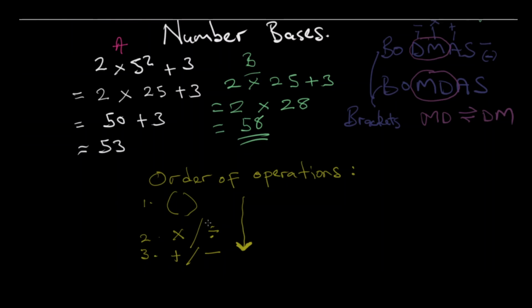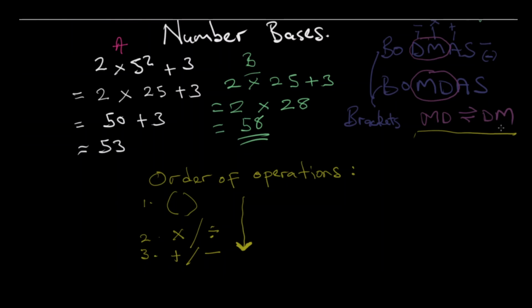Always solve what is in the brackets first. Then you can multiply or divide, you can do either, the interchangeability which is indicated here. Then when it comes to addition or subtraction, you can start with whichever. You can either start by adding then subtracting, or by subtracting then adding.